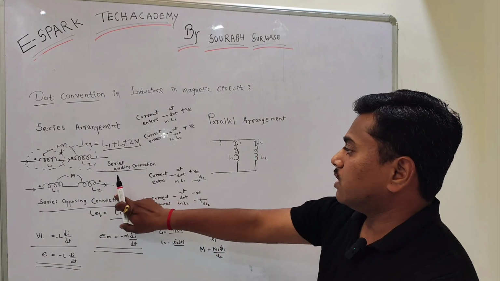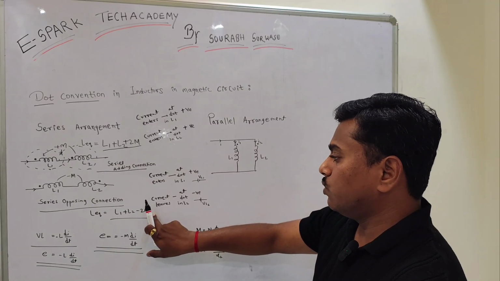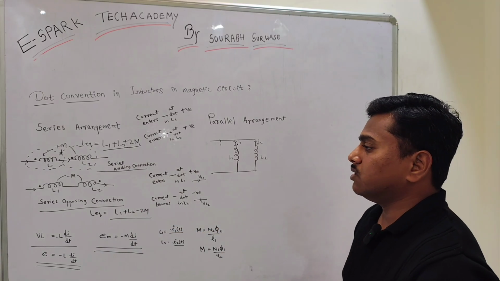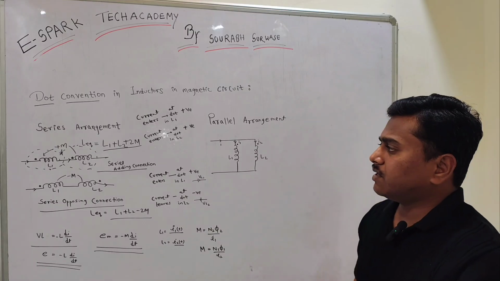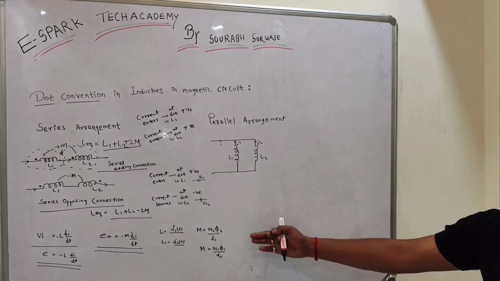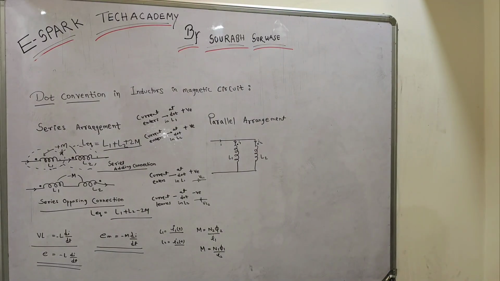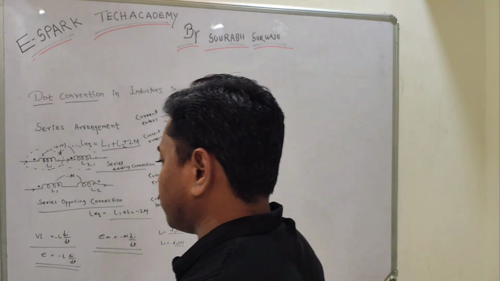That's why we take it as minus 2M, meaning opposition. Please note down both expressions, it is very important.